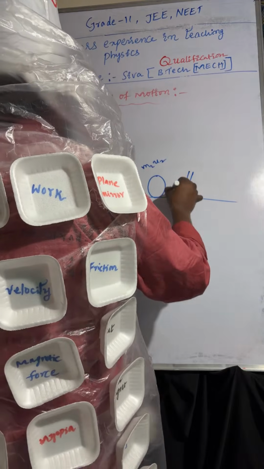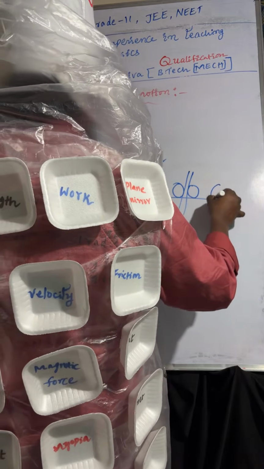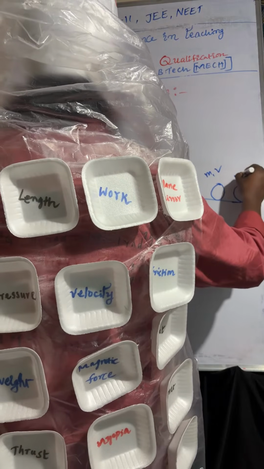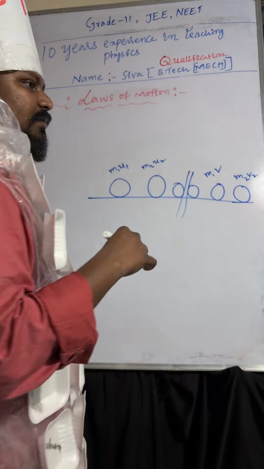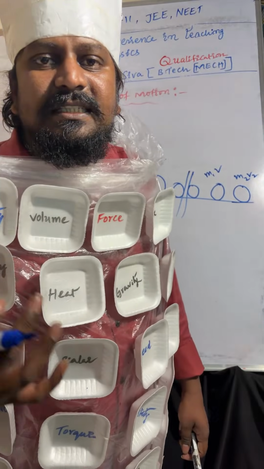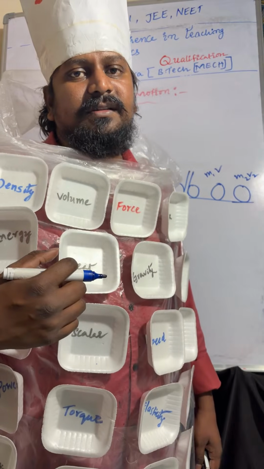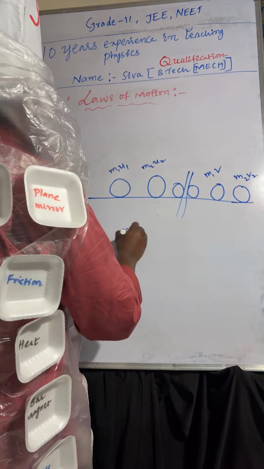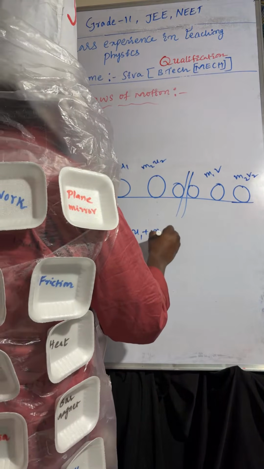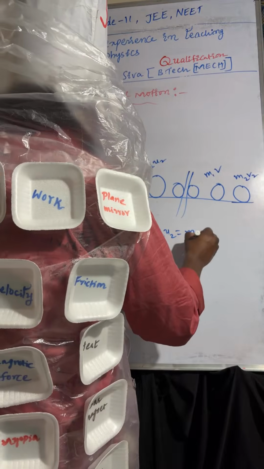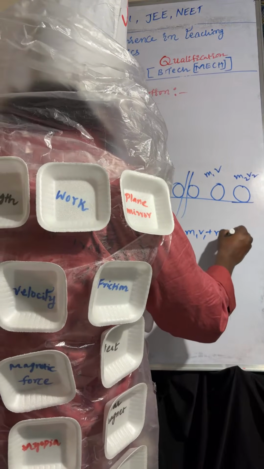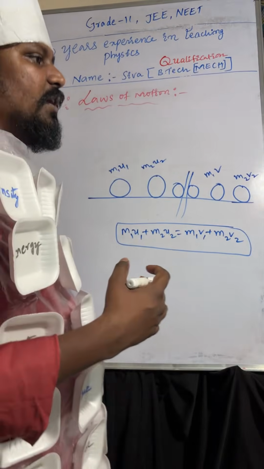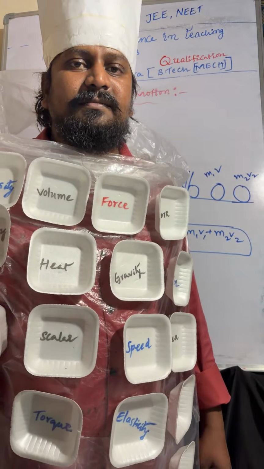After collision, both bodies collide with each other, and this one is moving M1, V1, and this one is moving M2, V2. Momentum before collision is equal to momentum after collision. M1 U1 plus M2 U2 equal to M1 V1 plus M2 V2. Understood or not?